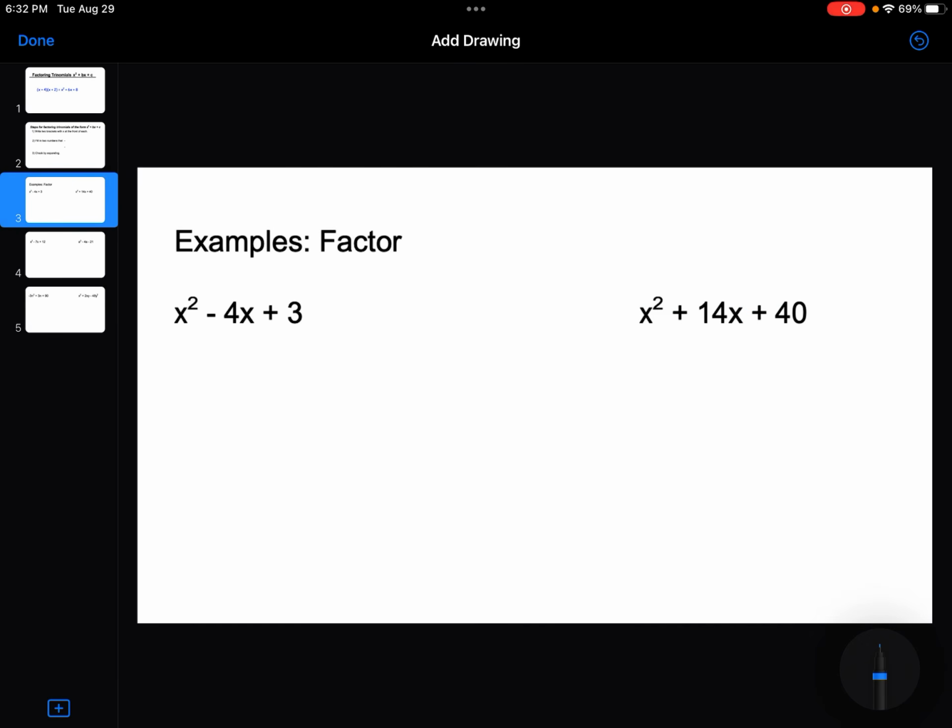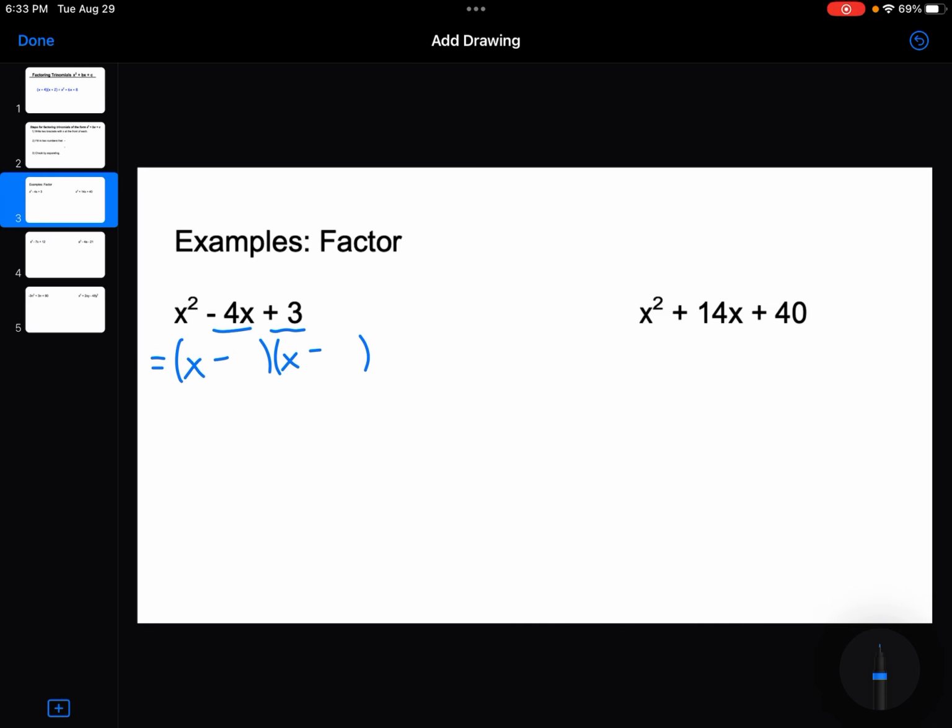So if I looked at this first value, we need to multiply to positive 3 and add to negative 4. Well, we've got x as our variable, so we're going to start off by putting our two sets of brackets and our x at the front. Then we need to multiply to a positive and add to a negative. The only way to do that is to have two negative values.